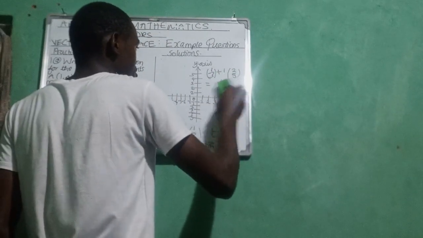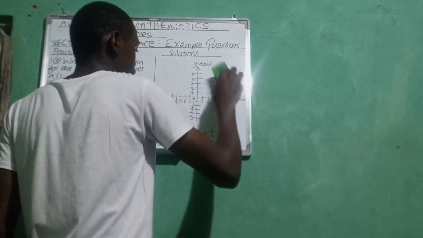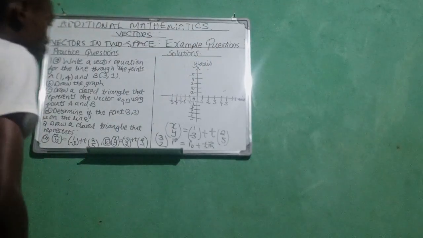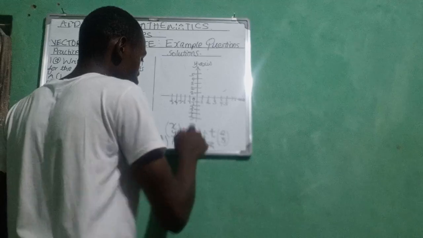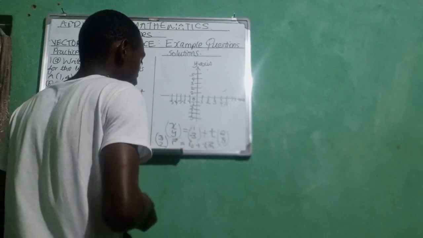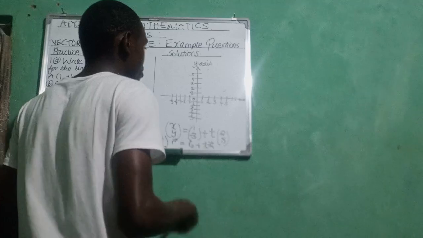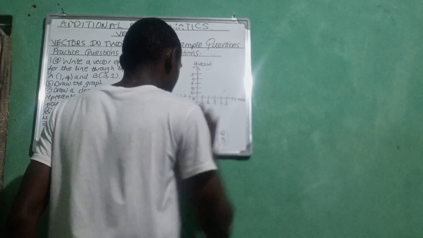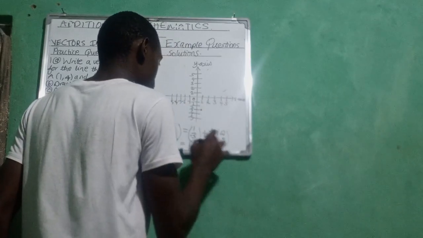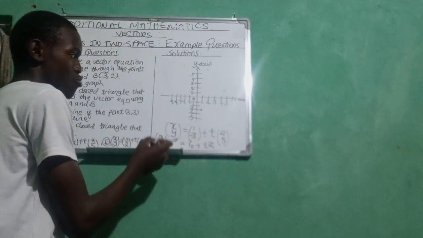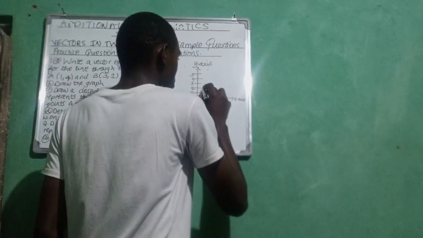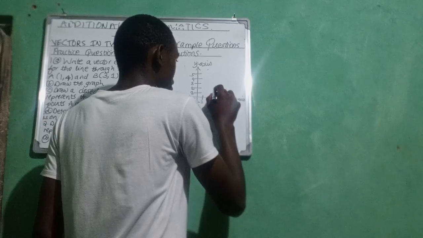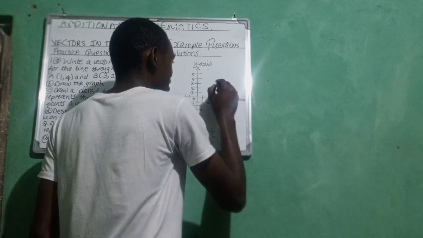Okay? So we just clean up now. Since we now know that, we just connect those 2 points. So (1, negative 3) and then (3, 2). (1, negative 3) is right here. Then we have (3, 2), positive 3, 2, right there.